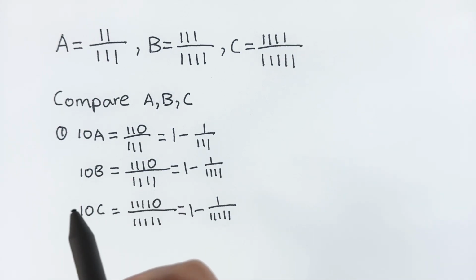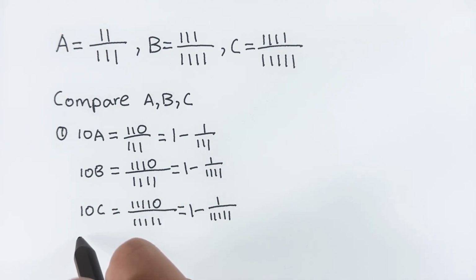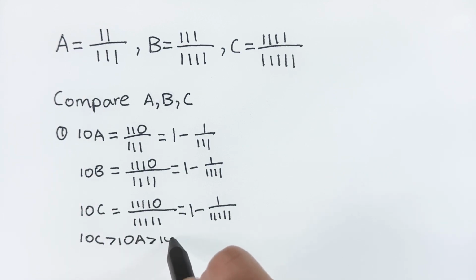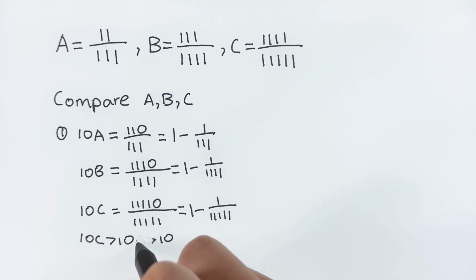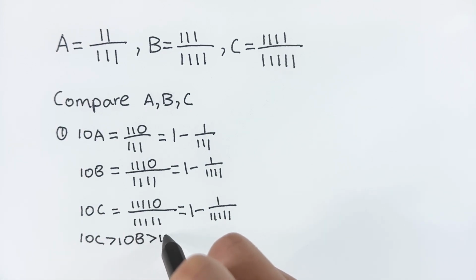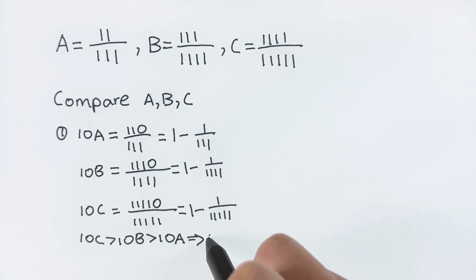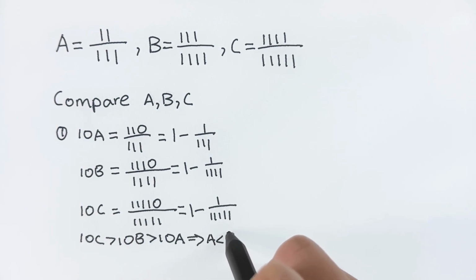So we can write that 10c is greater than 10b, which is greater than 10a. So the comparison would be a is less than b is less than c.